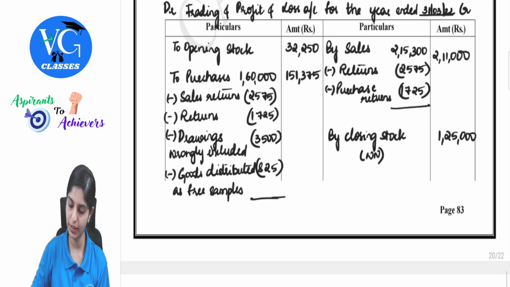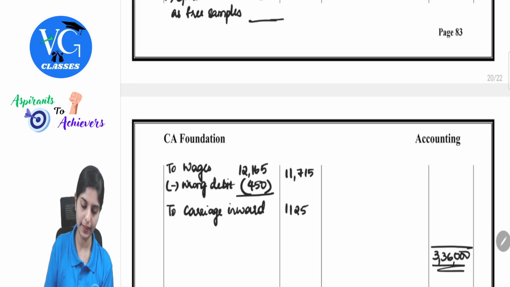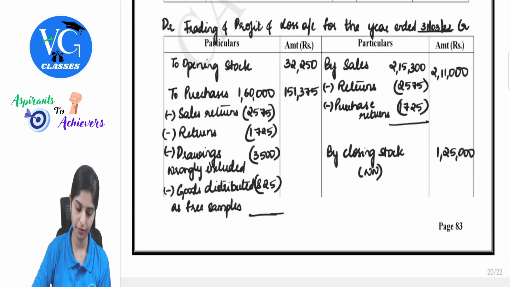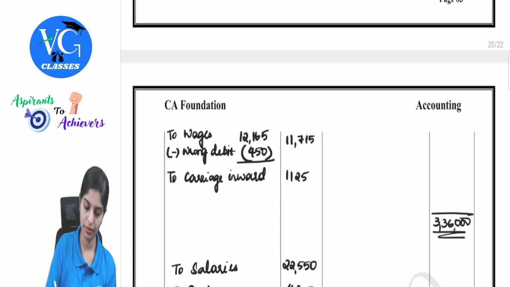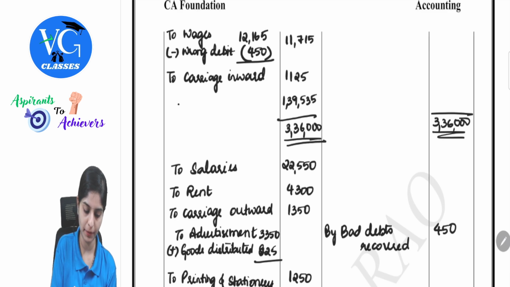Plus 1 lakh 25,000. 3 lakh 36,000 is what I am getting. Minus 32,250 minus 151,375 minus 11,715 minus 1,125. This is 139,535. What is this? This is my gross profit.